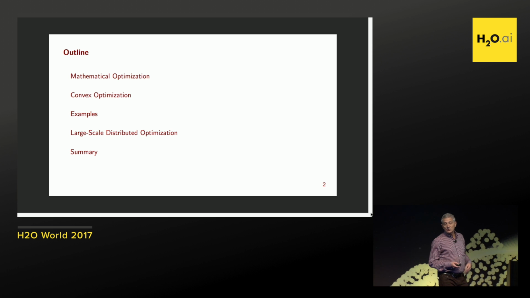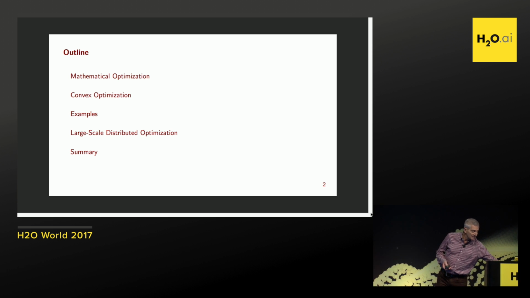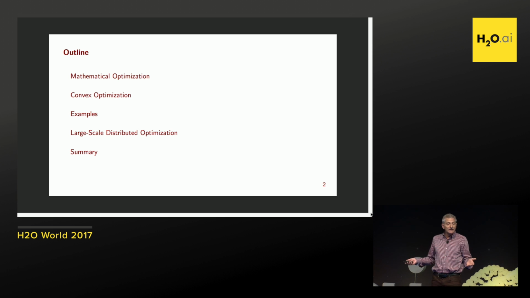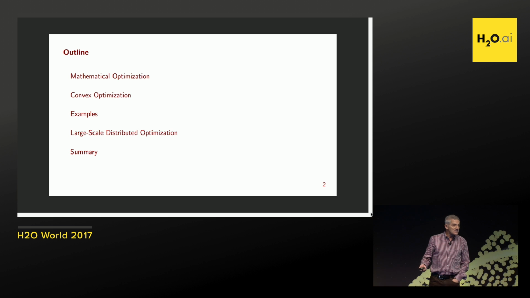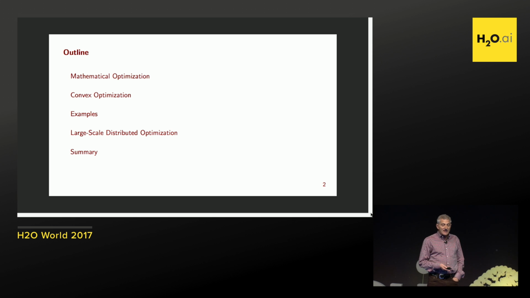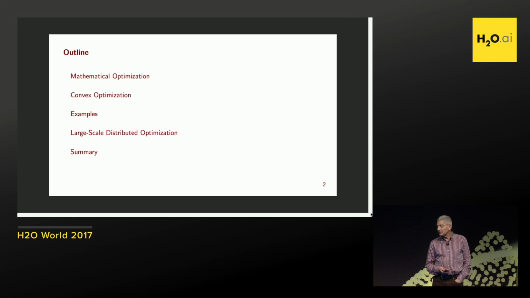First I'll talk about what mathematical optimization is, in plain English: what it is, what you do with it, why you would do it. Then I'll talk for a little bit about convex optimization. We'll get to what that is. It's a special kind with special attributes. I'll show some very simple examples. Then I'll talk about some of the most recent research involving things like large-scale distributed optimization.